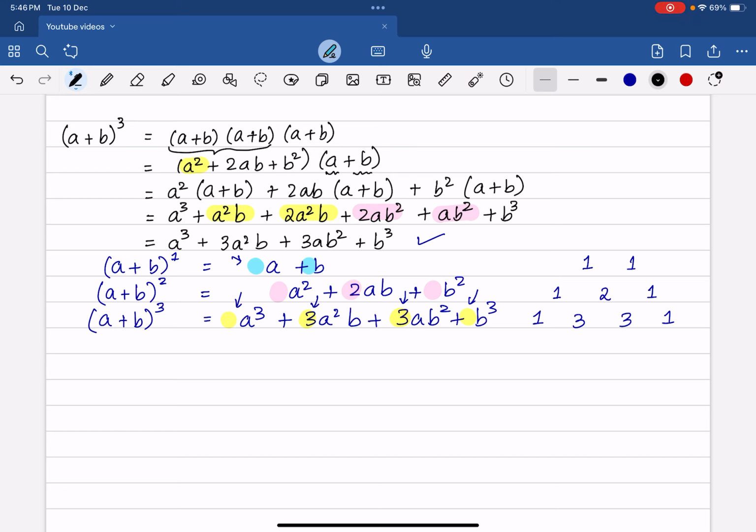If I add this and this 1, don't you think on addition I will get this 2 over here? Yes. Similarly, if I add this 1 and this 2, don't you think I will get this 3 over here? Similarly, 2 and 1, if I add, I'll get this 3 over here, right?